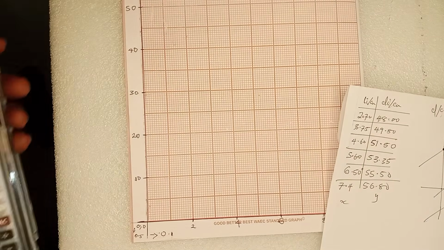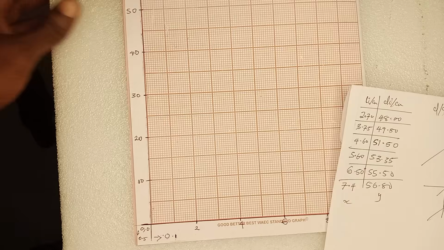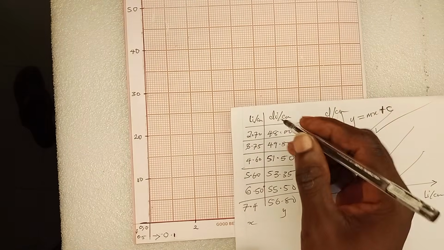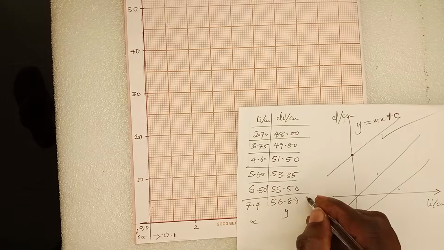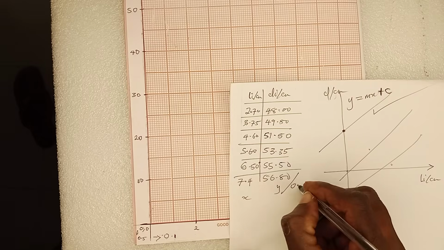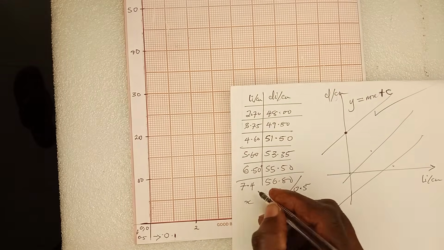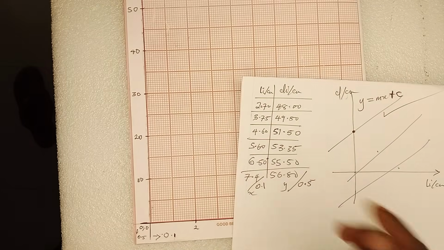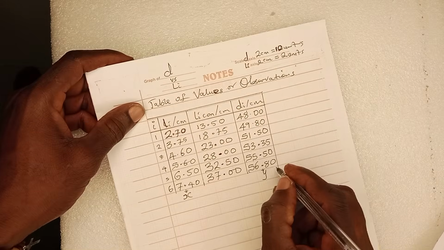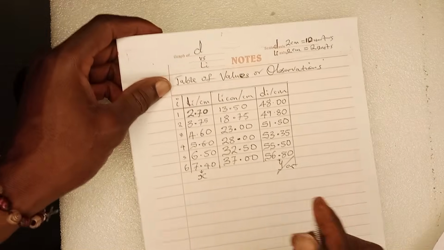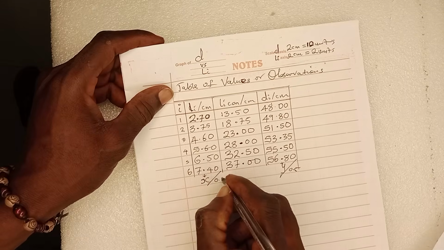The value for each small box here is 0.1. Good. Now we are going to divide everything on the d-axis by 0.5, and everything on the l-axis by 0.1.